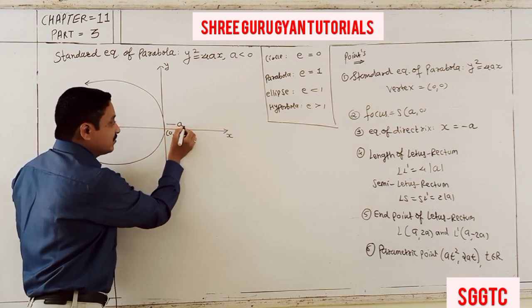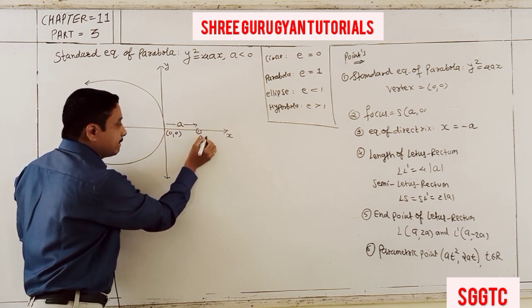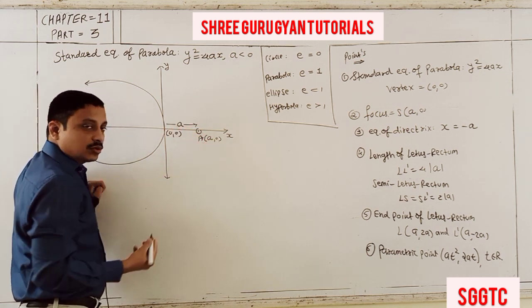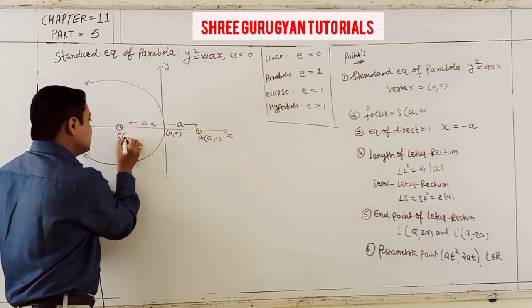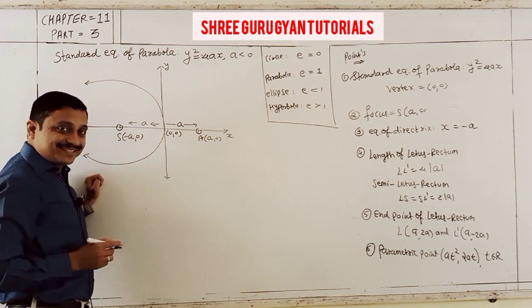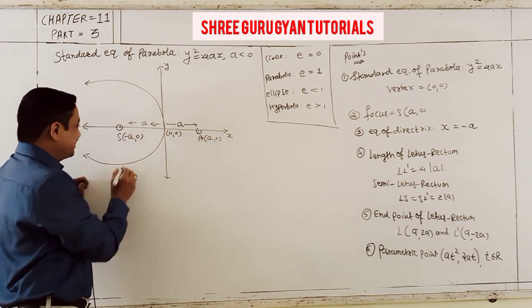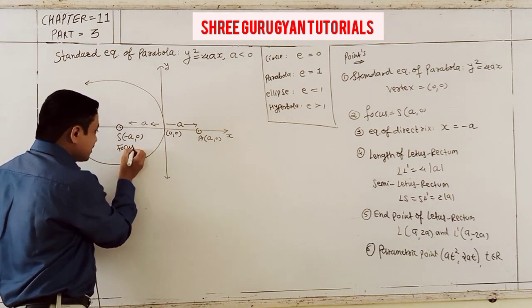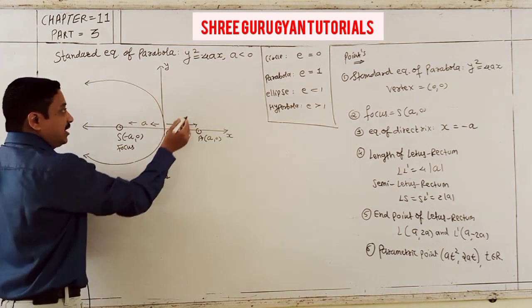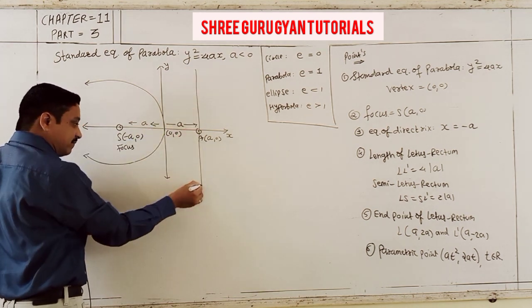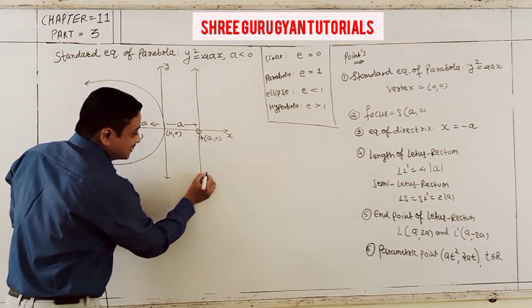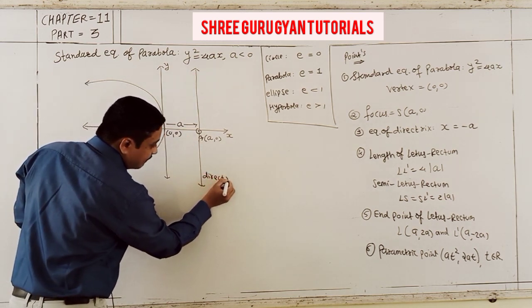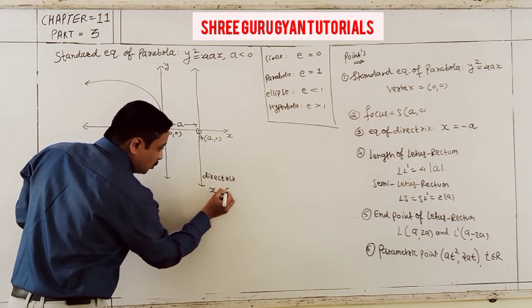Distance travelled is the same, a. Here the point S is (minus a, 0) on the x-axis. That's called the focus, that is your focus. And similarly here you can draw one line, exactly opposite to that focus. It is the directrix, which is x is equal to a.